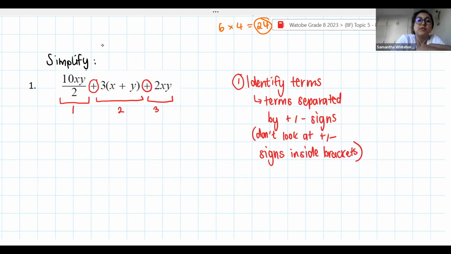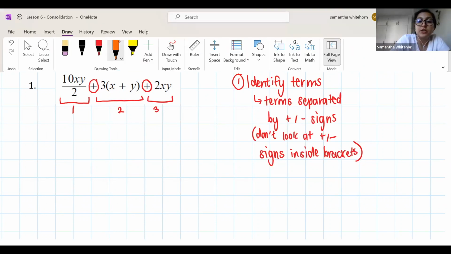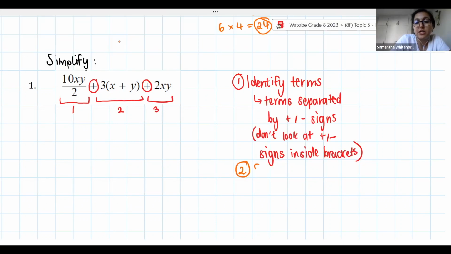So once we've identified our terms, the next thing that we want to do is simplify each of our terms. Now, some terms won't need to be simplified, some terms will. But once our terms are simplified, we then know exactly what it is that we're working with, and we can identify our like terms. So if we look at term 1 over here, we can simplify this term.